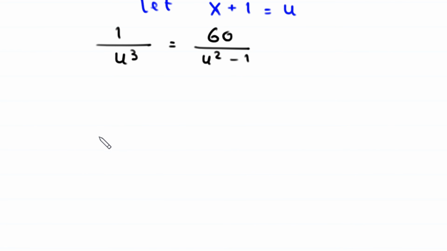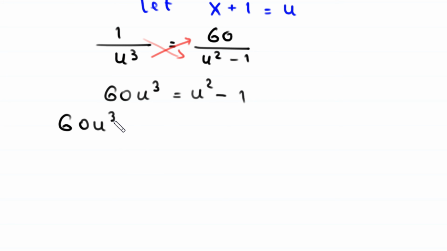Now by using cross multiplication, this equation will become 60 times u cubed, 60u cubed, and 1 times u squared is u squared, 1 times negative 1, negative 1. Move these two terms to the left hand side. The equation will become 60u cubed minus u squared plus 1 equal to 0.